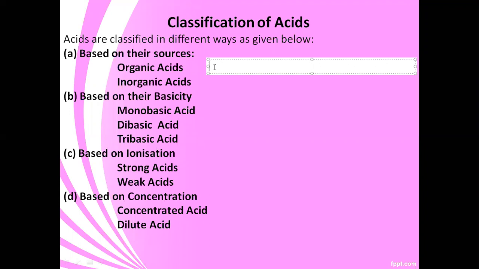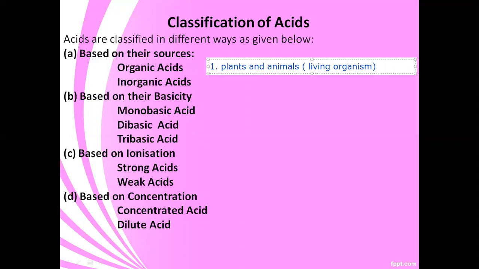The organic acids are present in plants and living organisms, that is animals. Human beings are also animals.